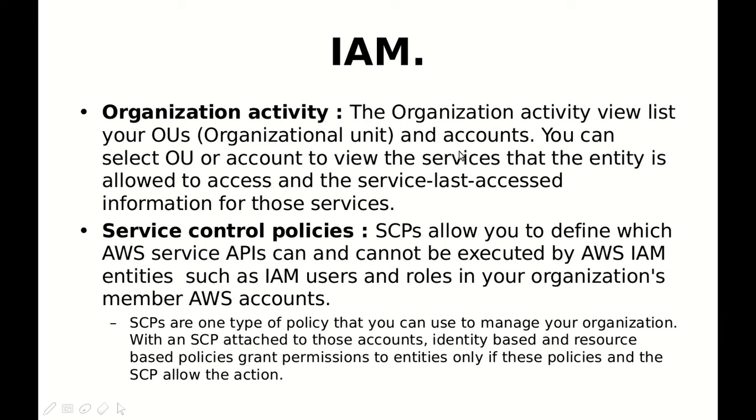We have a service in AWS known as AWS Organizations, which I'll be talking about later on. To give you a high level overview, AWS Organizations helps you to maintain multiple AWS accounts. So the organization activity view lists your organizations, units and accounts. You can select an OU or account to view the services that the entity is allowed to access and the service last accessed information for those services.